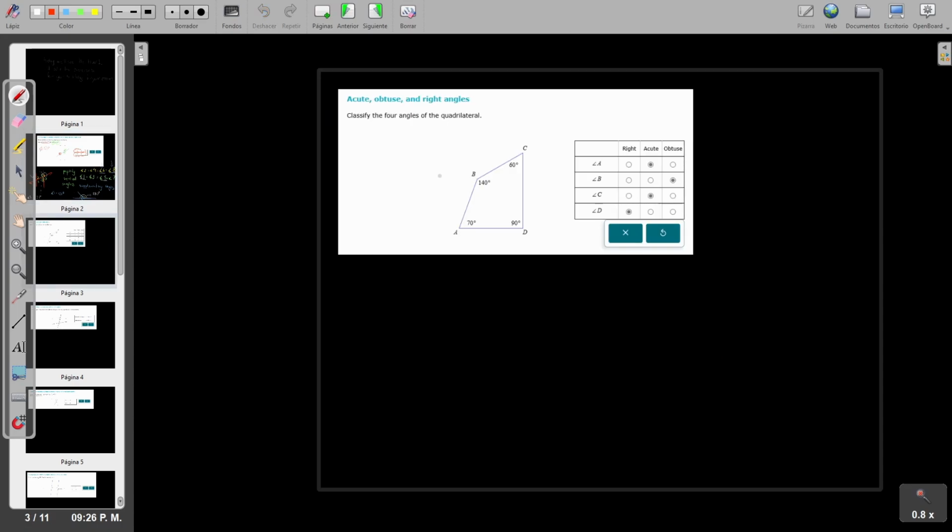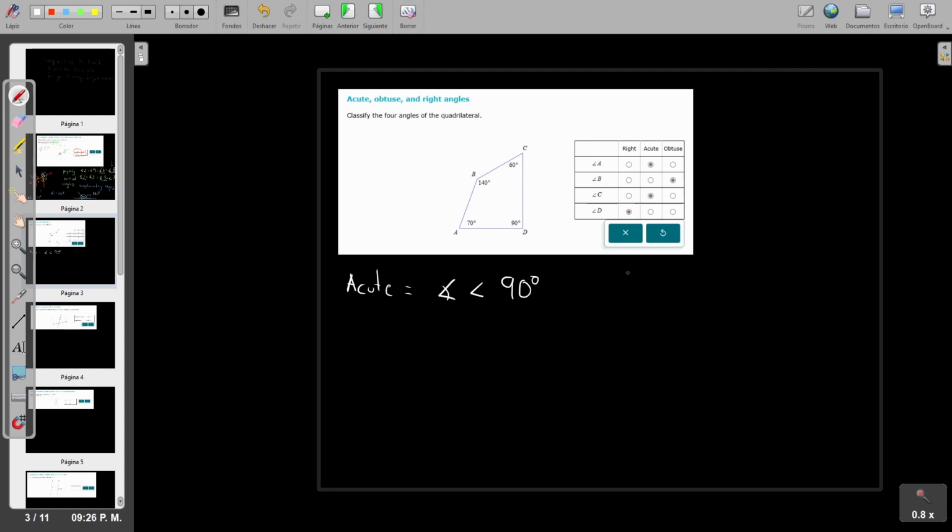In this case, this is really fun. This is easy to understand because this is only logic. The knowledge behind this is that angles that are less than 90 degrees are acute angles.